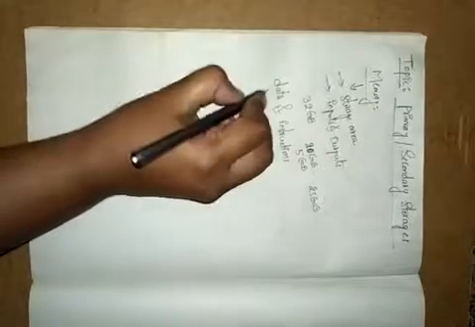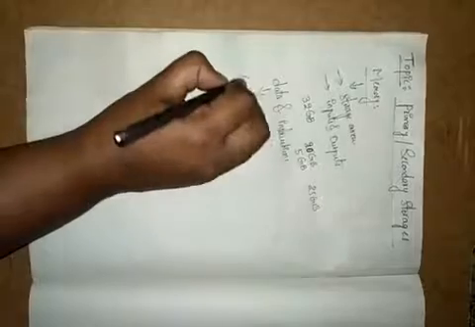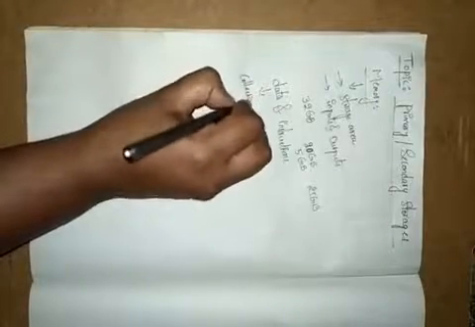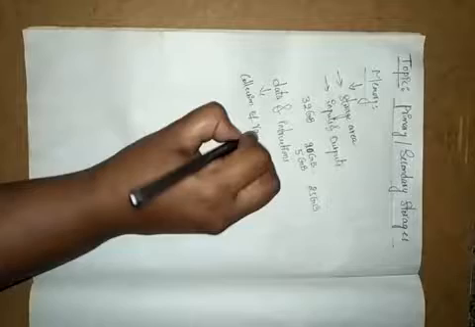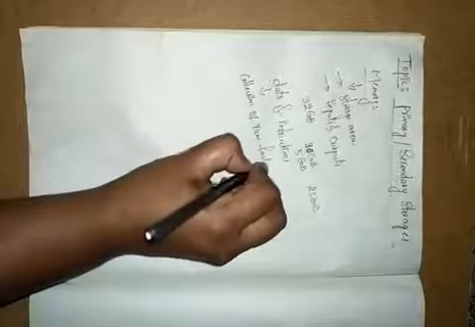Here, what is data? Data is a collection of raw facts. I don't know how many people know the meaning of information. What is the difference between data and information?